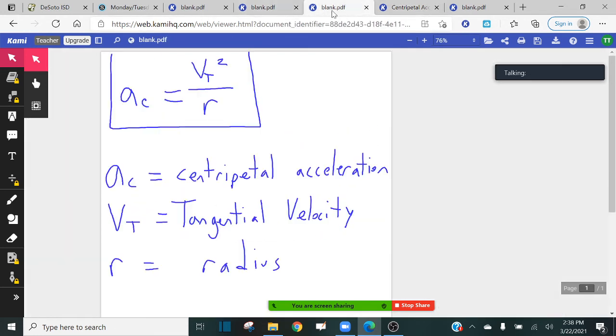Okay, so guys, going back to this equation here, I want to take this equation and solve for radius.